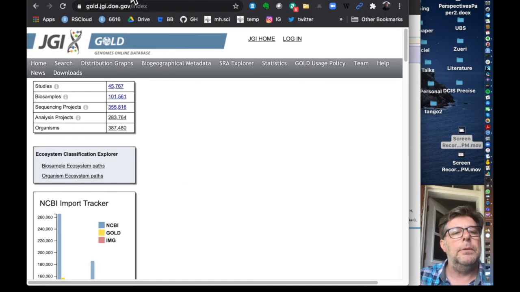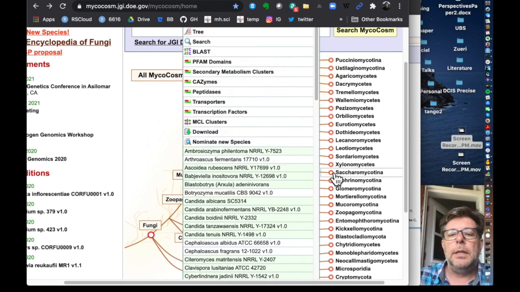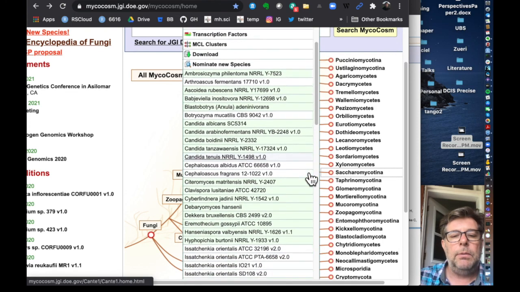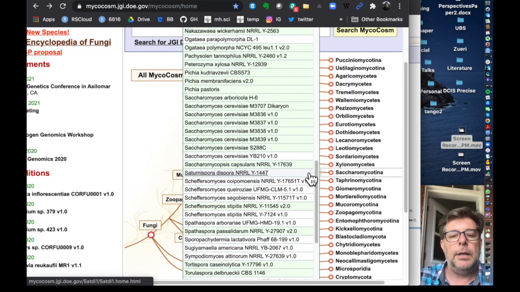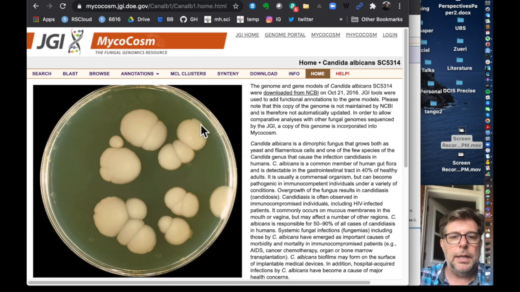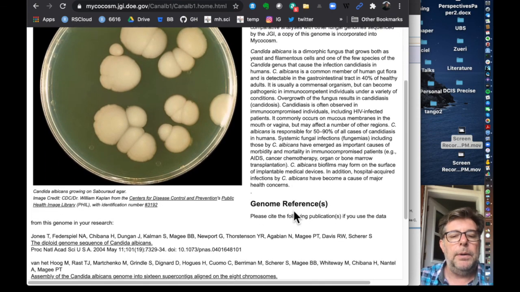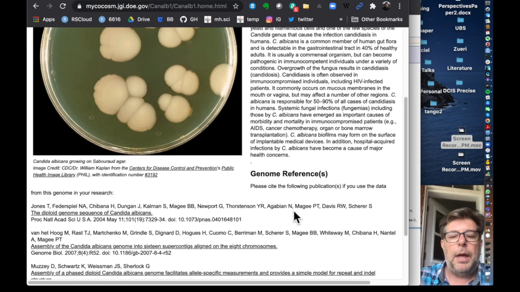If I go over here to the website, and travel down to Ascomycota, and even further down to, I guess this would be a genus of Saccharomycotina, and I click on it, I can see that there are quite a few different organisms in that category, including my favorite, Candida albicans. If I click on that link, I'm taken to a Candida albicans specific website where there's quite a bit of annotation about that specific species.